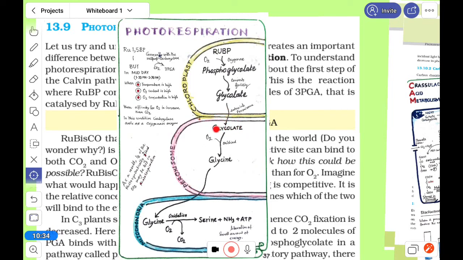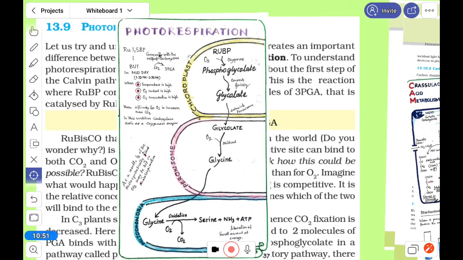This glycolate is oxidized into glycine, one of the amino acids. This glycine goes to the mitochondria, and a very small amount of ATP is produced here. In this oxidation, serine and ammonia are all liberated.